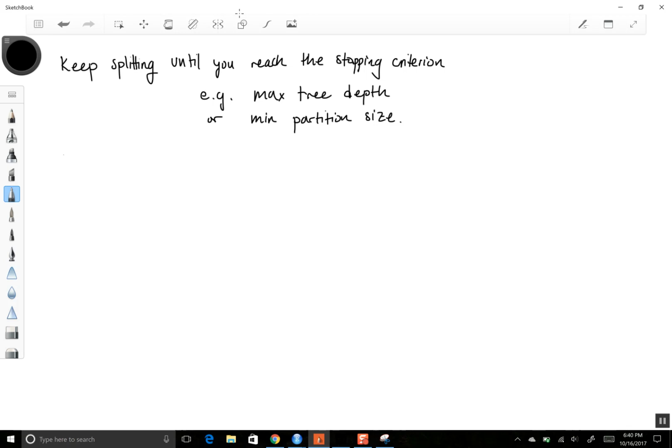So this can build very complex trees that may overfit the data.